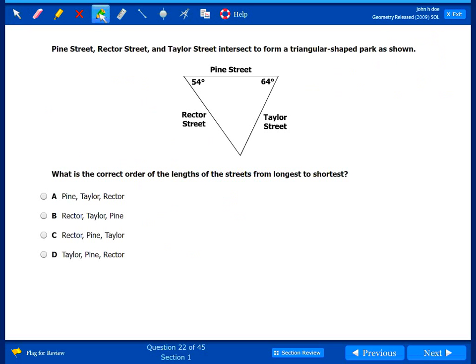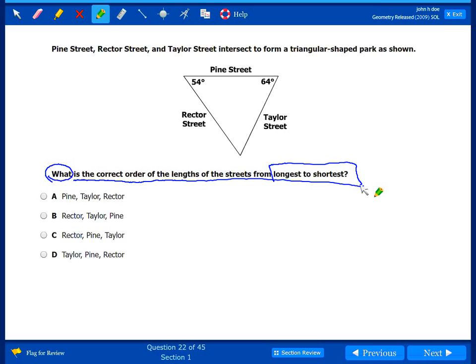Question 22, we want to find that key word. What is the correct order of the lengths of the streets from longest to shortest? So we want to find the longest side to the shortest side. To do this, we need to find the largest angle first.